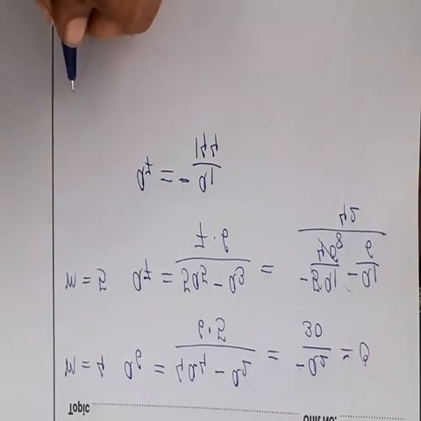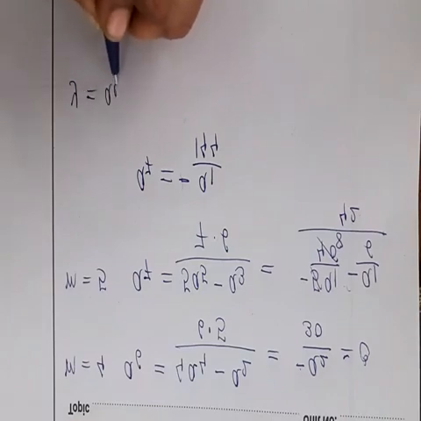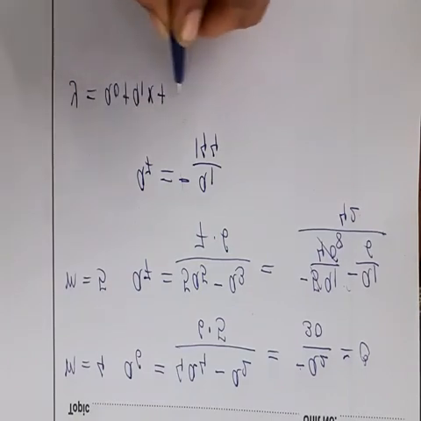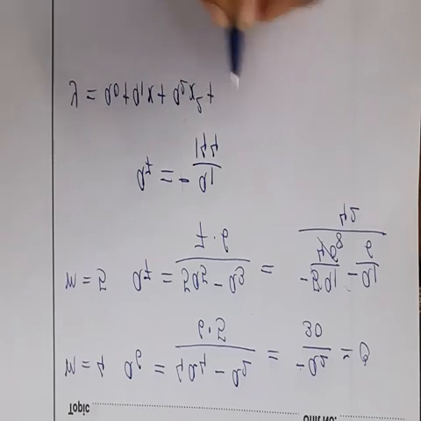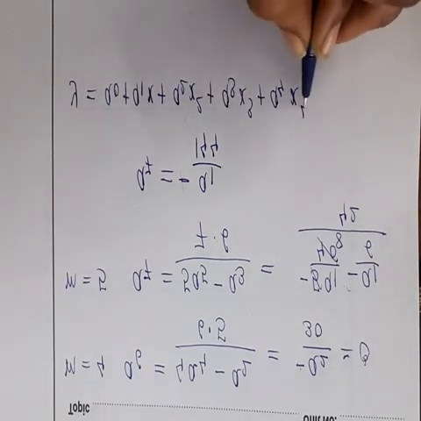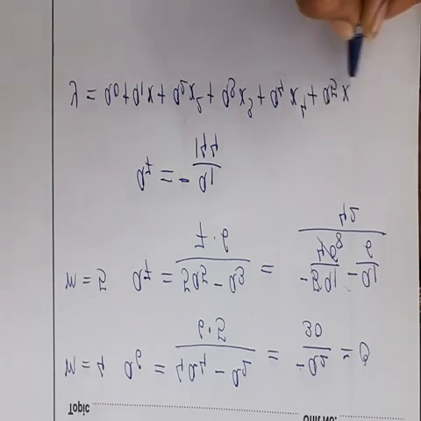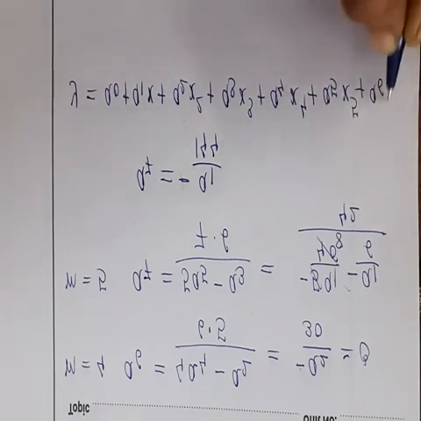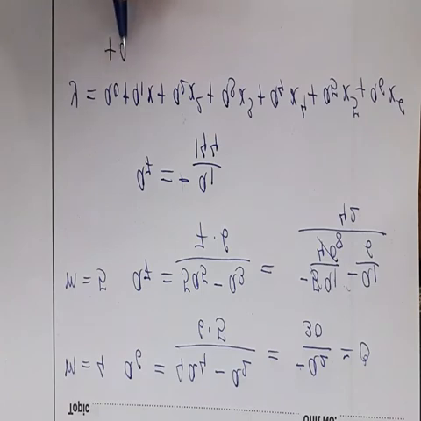Now put into the series: y is equal to a0 plus a1 x plus a2 x square plus a3 x cube plus a4 x to the power 4 plus a5 x to the power 5 plus a6 x to the power 6 plus a7 x to the power 7 and so on.